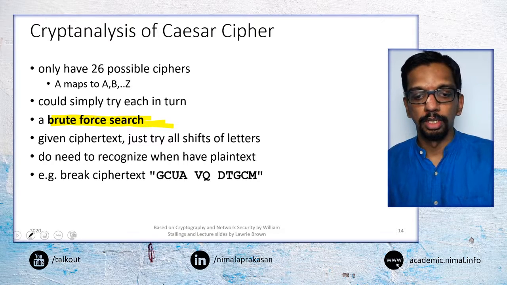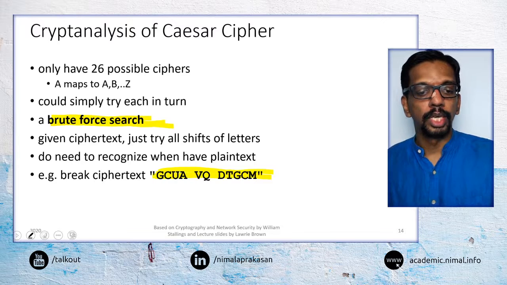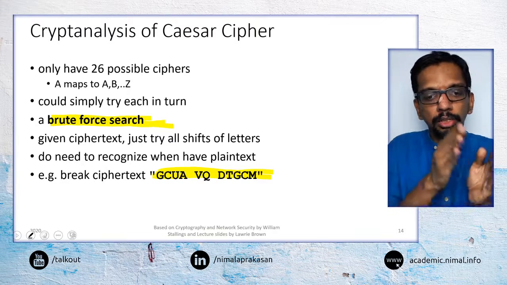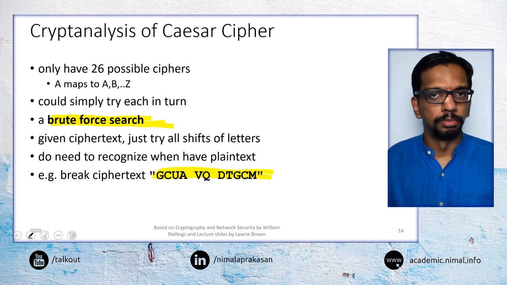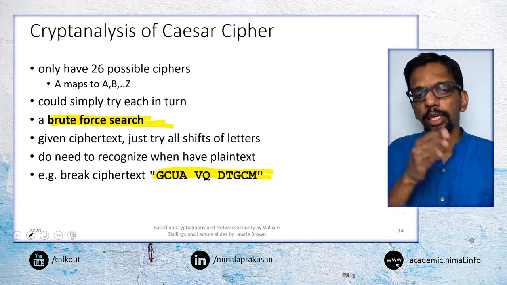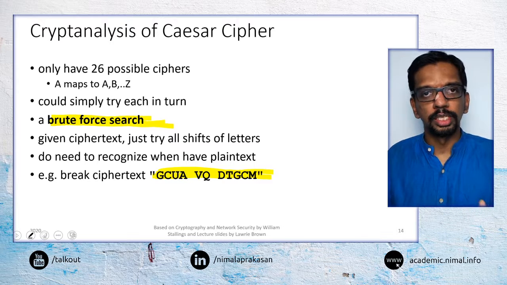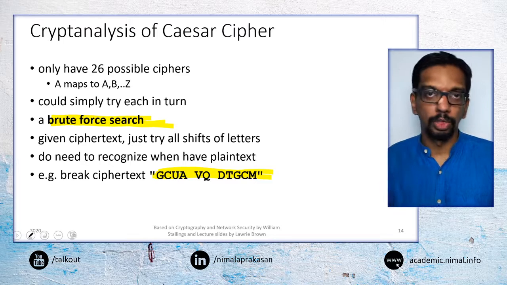Say for example, if we have a ciphertext like this, we can start to replace with one of the other characters. We'll say, okay, would G be A? Then if G is A, what is C? What is U? What is A? Likewise, we will go like that.